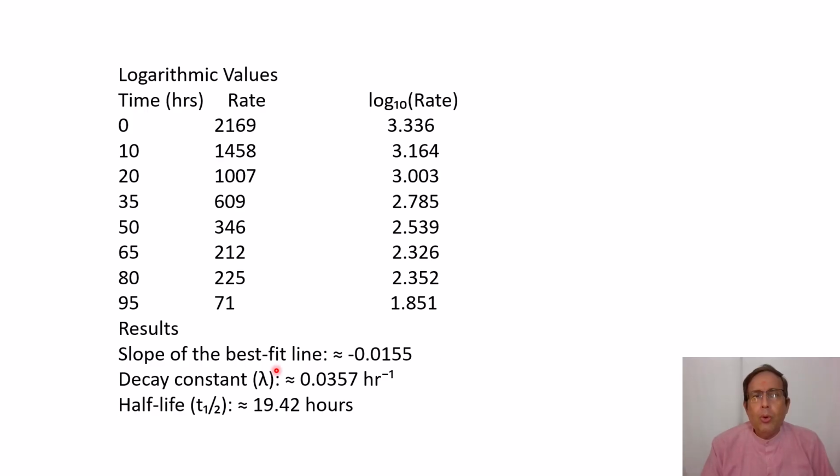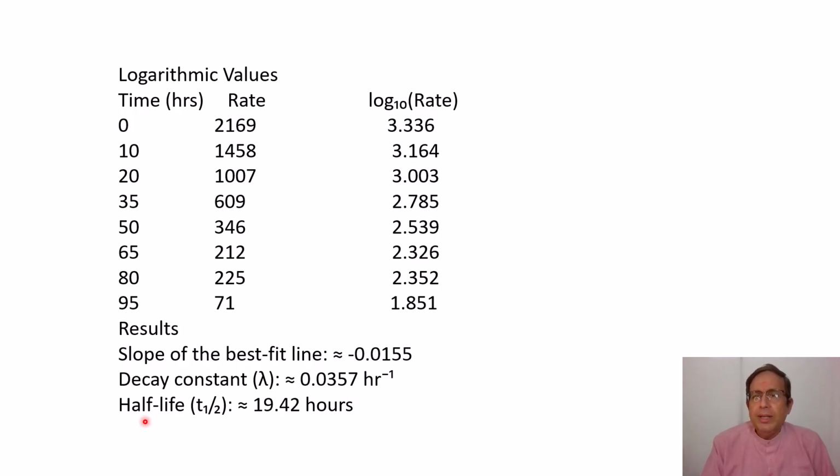And then the slope turns out to be equal to minus 0.0155, and the decay constant is basically, as I have told you, minus slope into ln 10. So if you calculate ln 10 and then do this calculation, you will get 0.0357 inverse of hour.